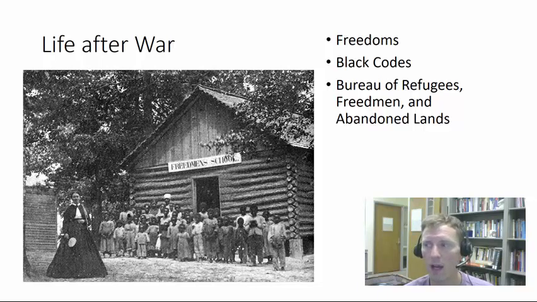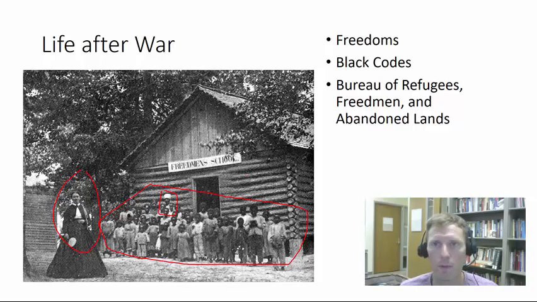And here's a photograph of a school that was a freedmen's school, and you can see there's this white teacher here, and here's this teacher. And then here's the students. And you'll notice about the students, age range. There's one adult here.